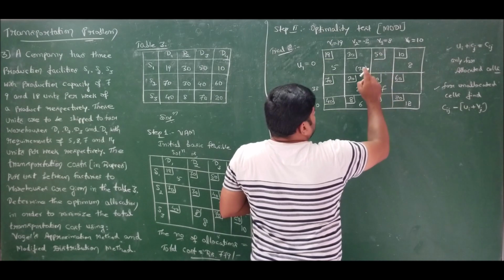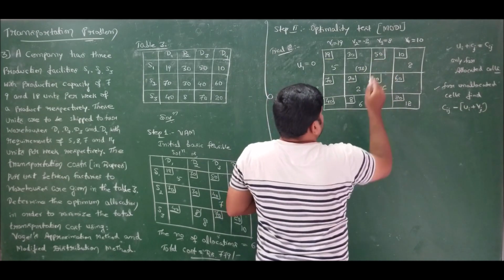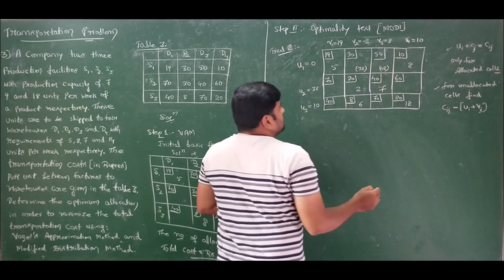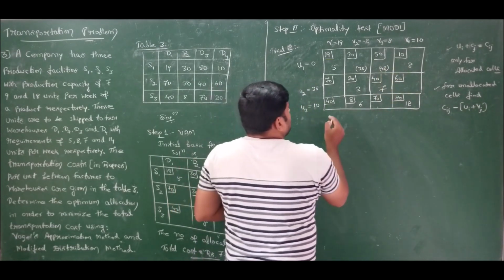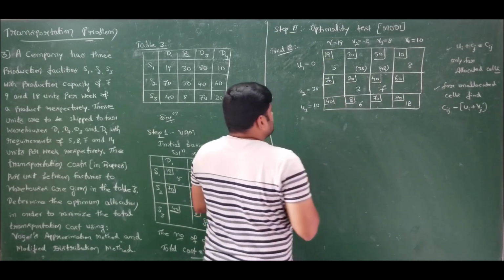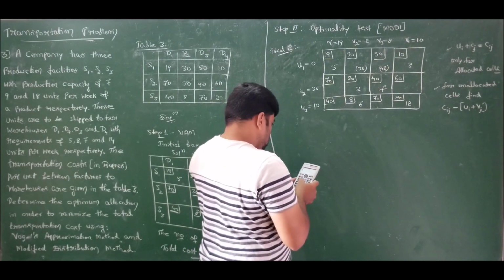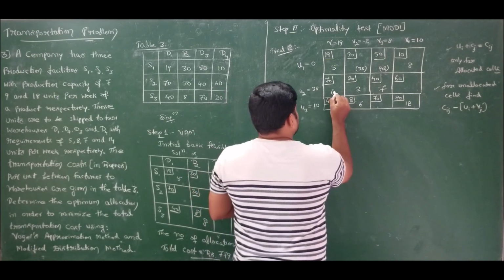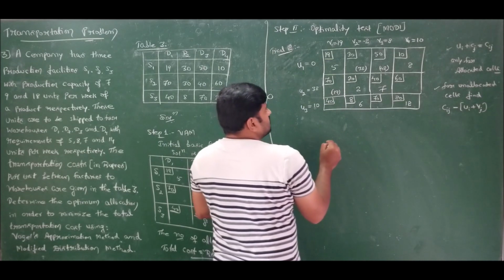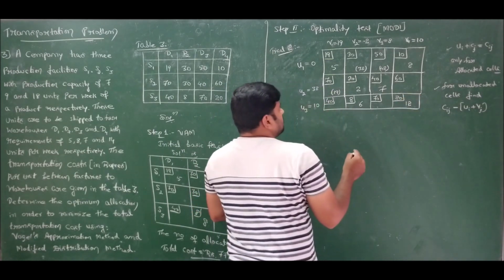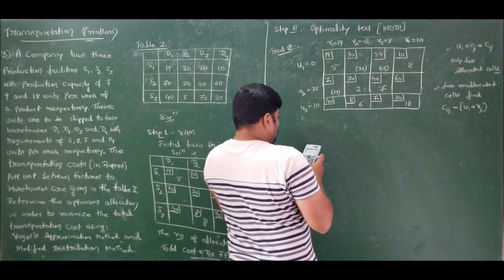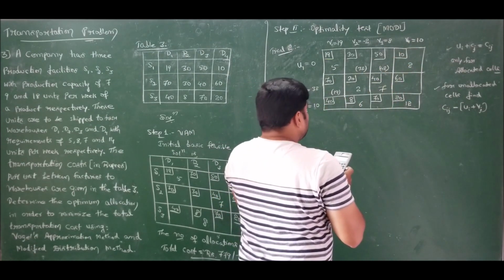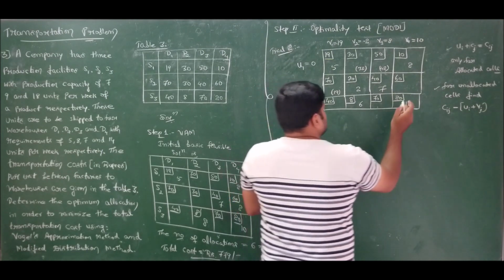Here we have 50, 50 minus 8 is 42, which is also not desirable for us. Next here we have 70, 70 minus 32 plus 19, which is plus 19, which is also undesirable for us, positive value. Next here, 60 is the cost minus U2 plus V4, that is 32 plus 10, which is plus 18.